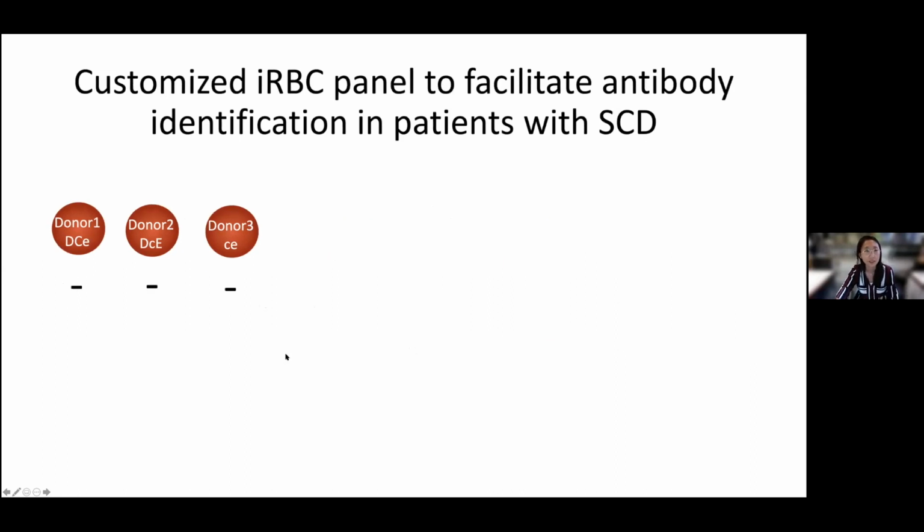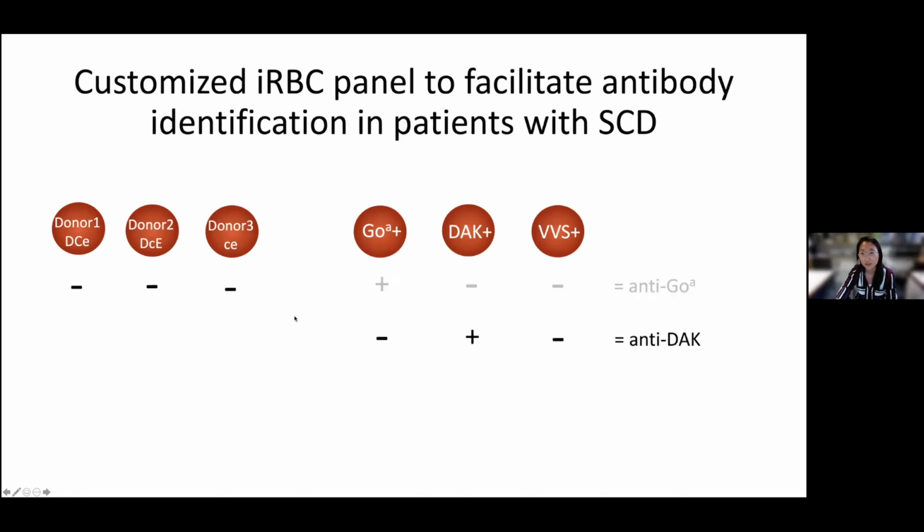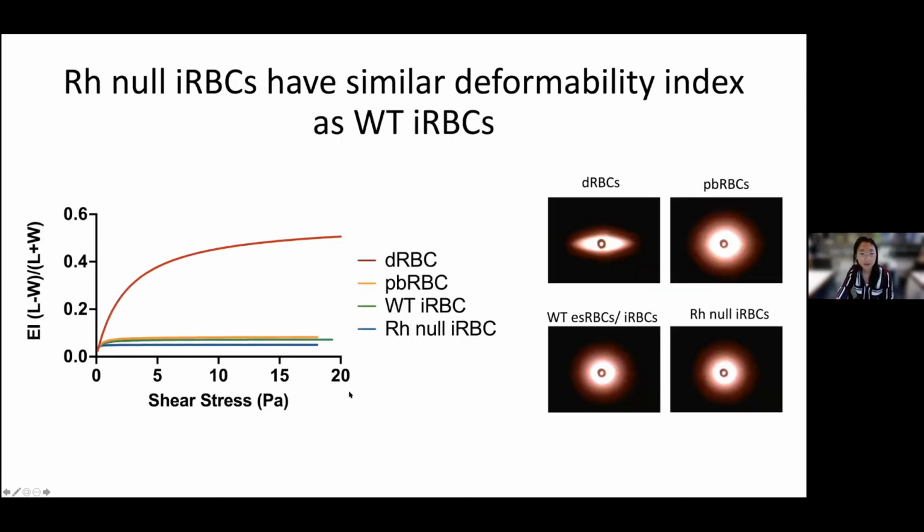And then in our second example, if you don't see any antibody in the evaluation, but see a positive cross-match, you would go on to use our IRBC panel for low prevalence Rh antigens and be able to tell whether the antibody is against a low prevalence Rh antigen or not.